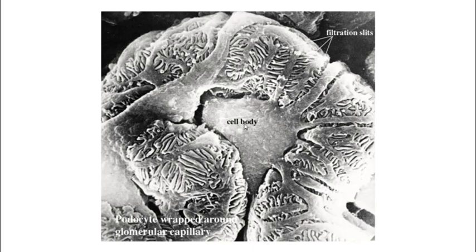But what you are seeing here are these little foot-like extensions of the podocytes. And in between them, these little dark gaps are the filtration slits that we just talked about. Now, to me, the podocytes actually look a little bit more like feathers. I probably would have named them feather cells instead of foot cells, but I didn't get to name them, so there you have it.